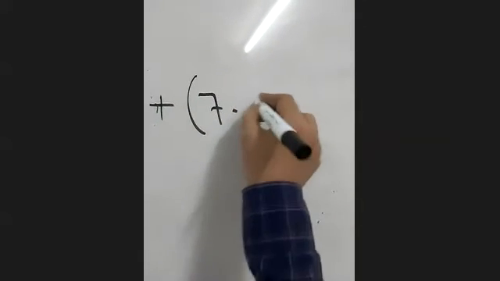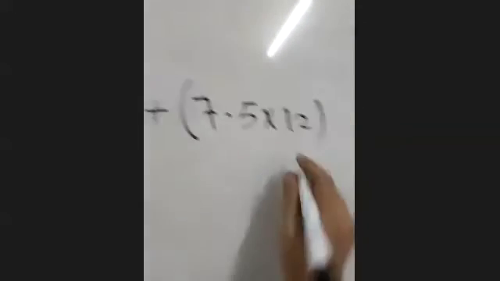What's the area? 7.5 multiply 12. So the area of the bottom is 7.5 multiplied by 12, length by width.